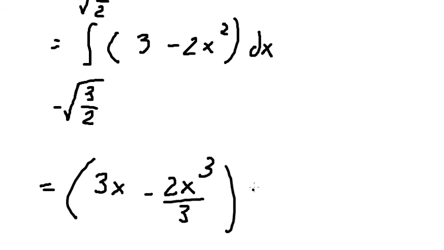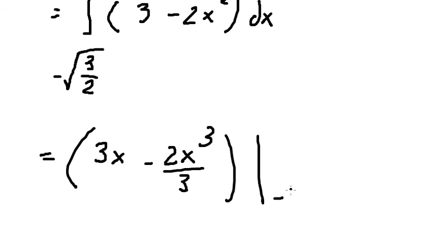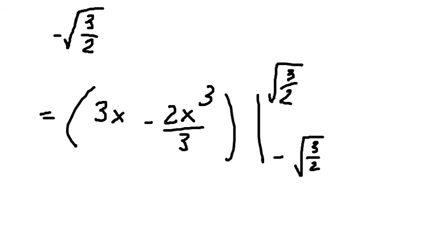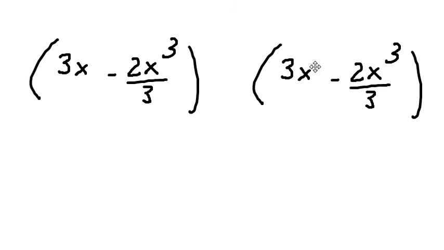And I will put the bounds from negative the square root of 3 over 2 to the square root of 3 over 2. So I will put this one here and this one here. So we have the final answer.